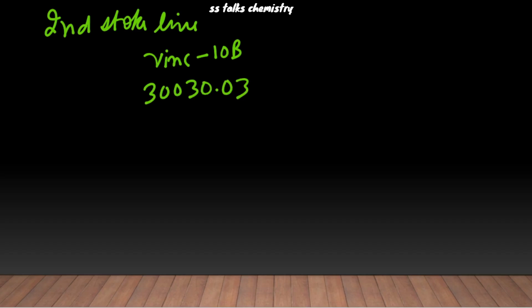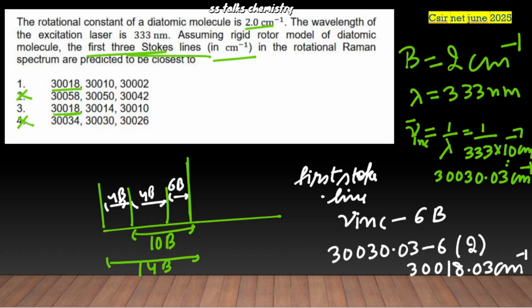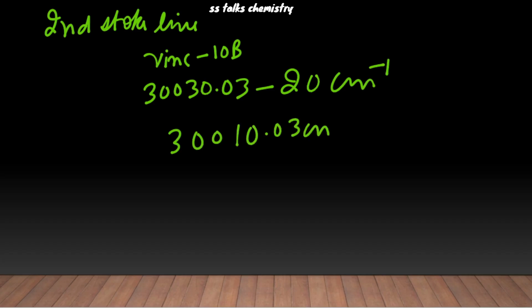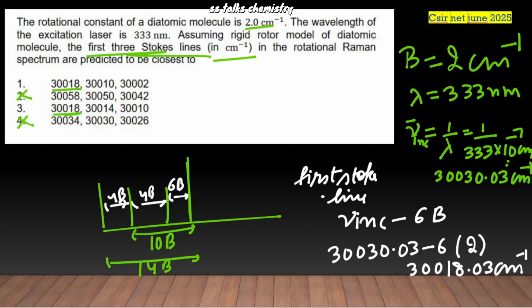The value obtained was 30030.03; from this, subtract the value of 20 centimeter inverse. So we will be getting 30010.03 centimeter inverse. So this value, 30010, is in this option, here it is at 14. So again the third one we can eliminate. So from the first two only we can say that the first is going to be the right option.